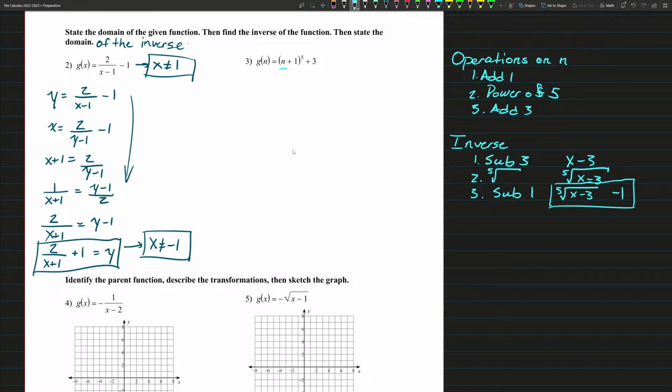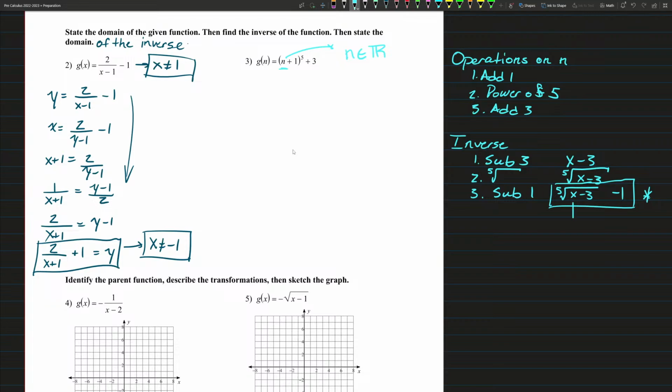And again, I didn't list the domain. In this case, we can plug in anything into n, so the domain is just all real numbers. Then we find the inverse, which is this guy, and we have to think about what possible x's we can plug in.